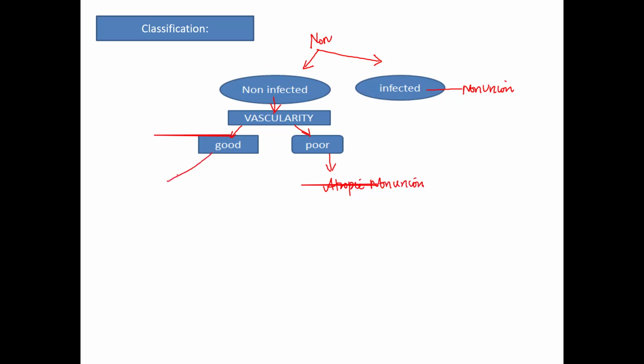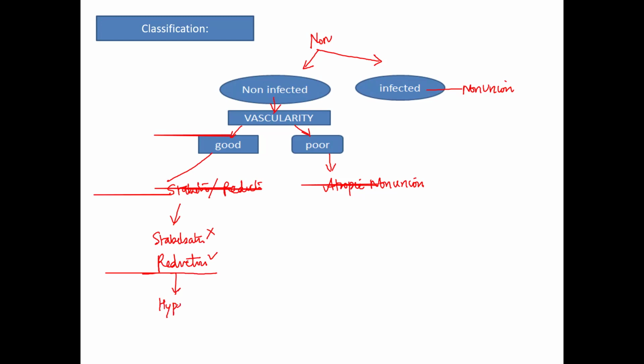Among the good vascularity, we classify by stabilization and reduction. If we have poor stabilization but reduction is good, there will be abnormal mobility because of lack of stabilization. So it will develop a hypertrophic non-union.